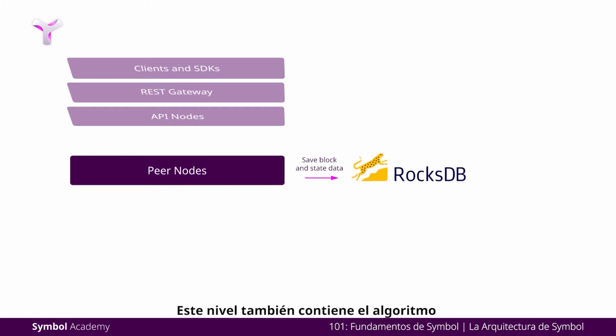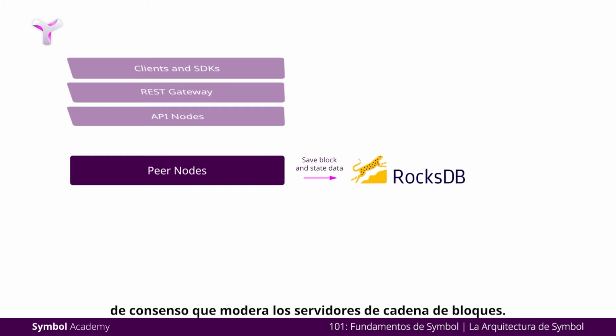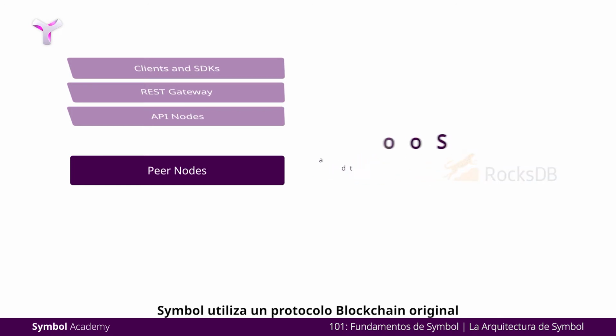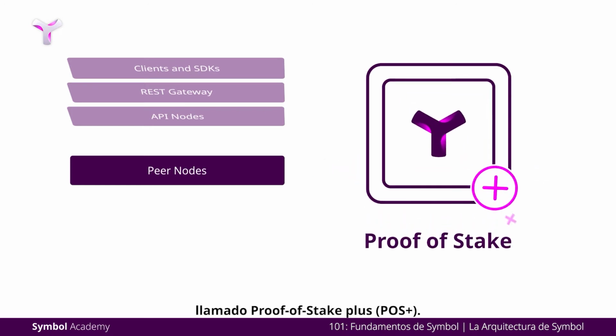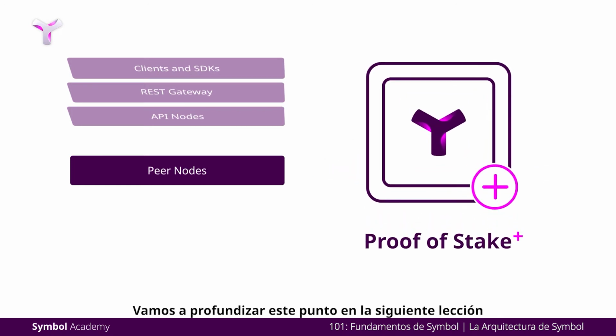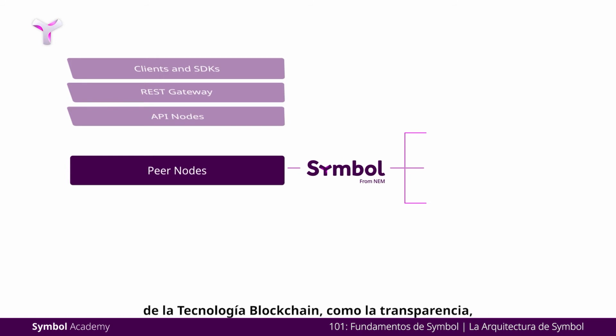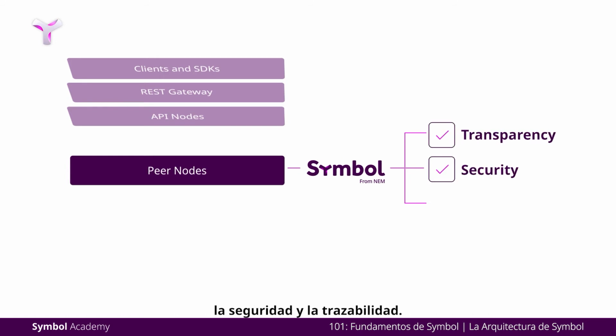This tier also contains the consensus algorithm that moderates the blockchain servers. Symbol uses an original blockchain protocol called Proof of Stake Plus. We will go more in depth about this in the next lesson. This tier also gives Symbol the standard benefits of blockchain technology, like transparency, security, and traceability.